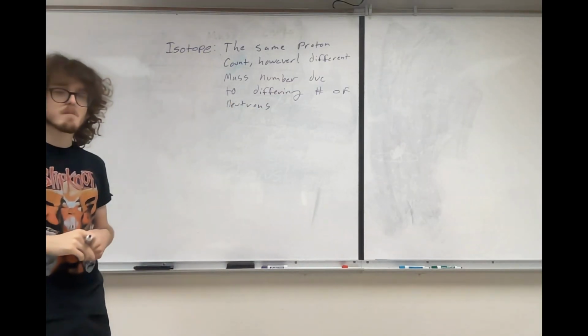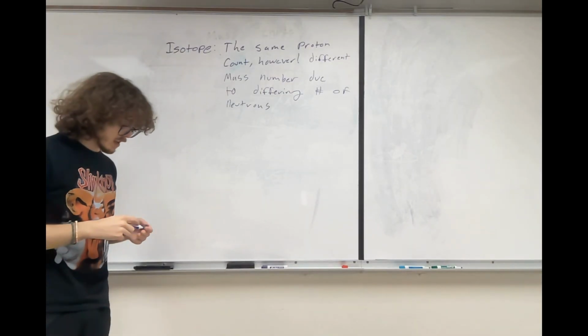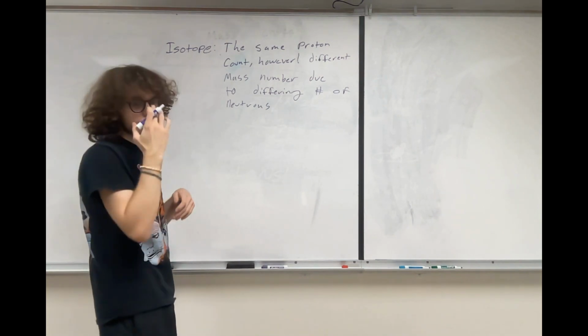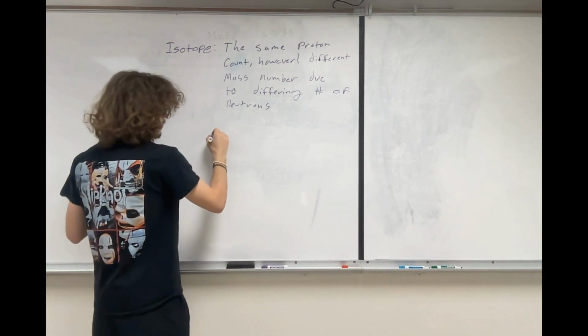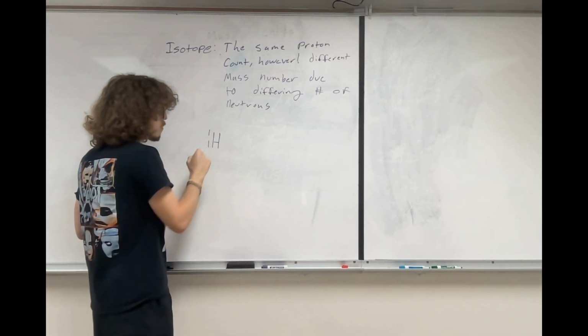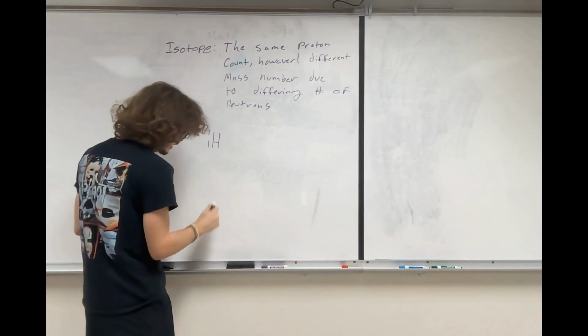So I'll show you the most easy to visualize example of this. And that's going to come down to this beautiful thing called hydrogen. Right? Hydrogen, we know has a mass number of 1 because it has 1 proton and a proton count of 1. And it looks something like this.